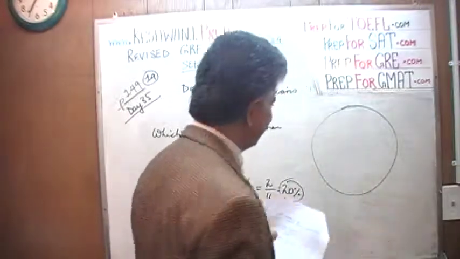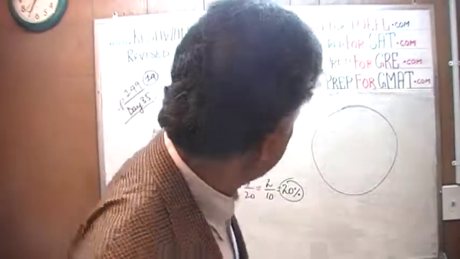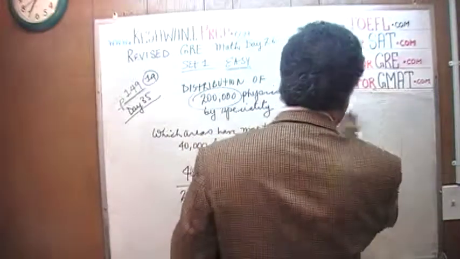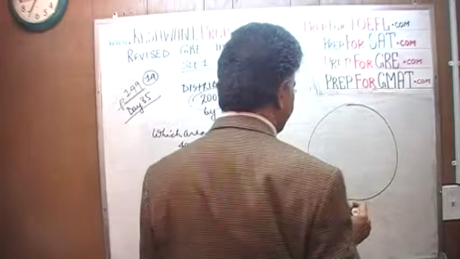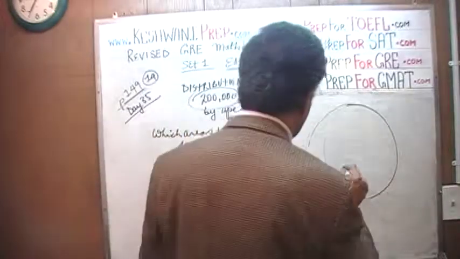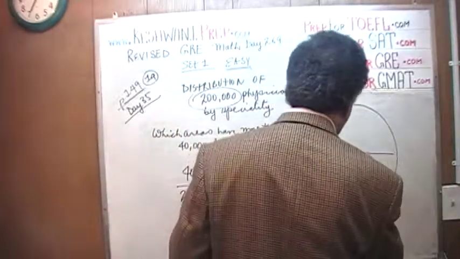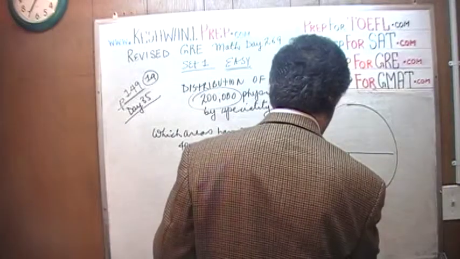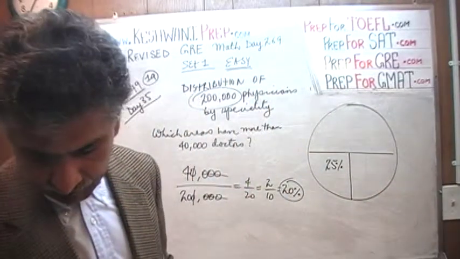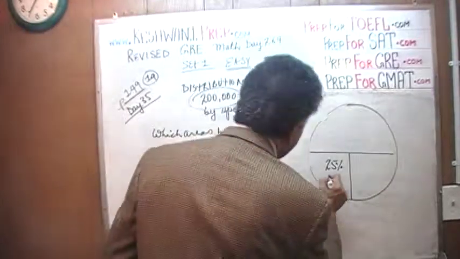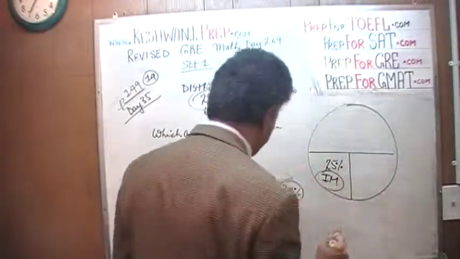Here is our graph. Let me redraw it. Here is our circle, is what I meant to say. We are told that there is a sector that contains 25%, which is internal medicine. So that's the first one, internal medicine.